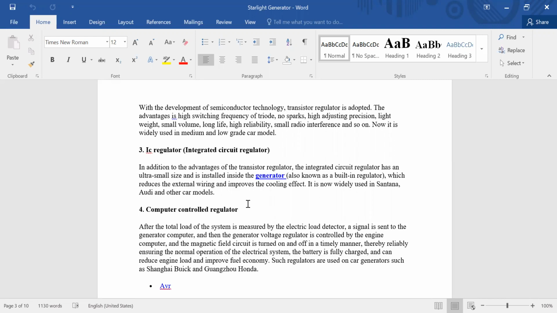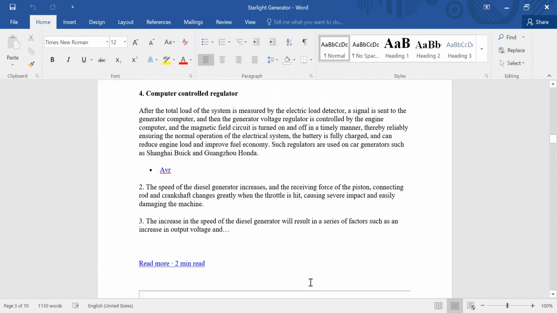The magnetic field circuit is turned on and off in a timely manner, with a set time duration, thereby ensuring reliable normal operation of the electrical system. The battery is fully charged, and it can reduce the engine load and improve fuel economy. Such regulators are used in car generators such as Shanghai Volkswagen and Guangzhou Honda.